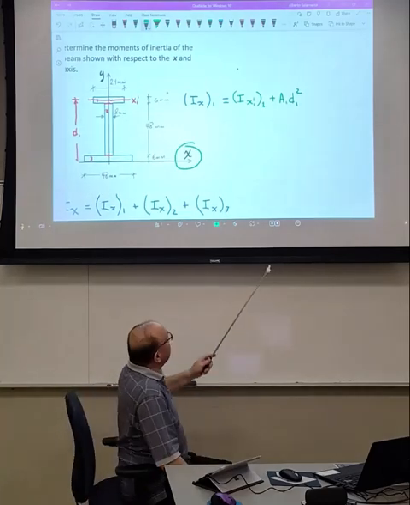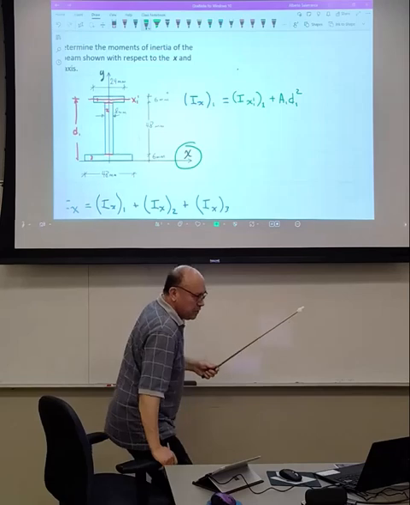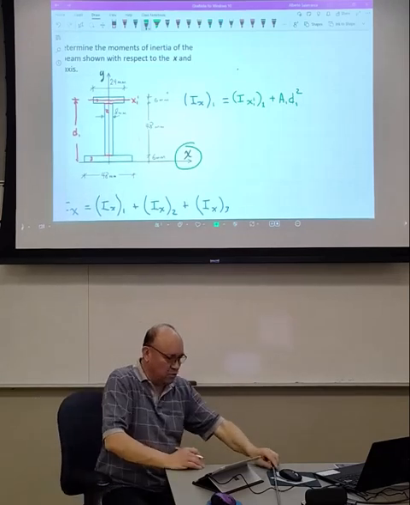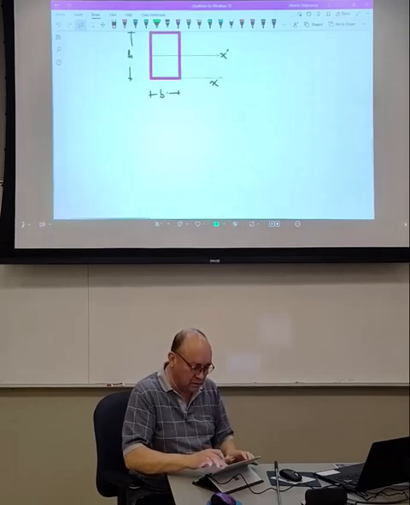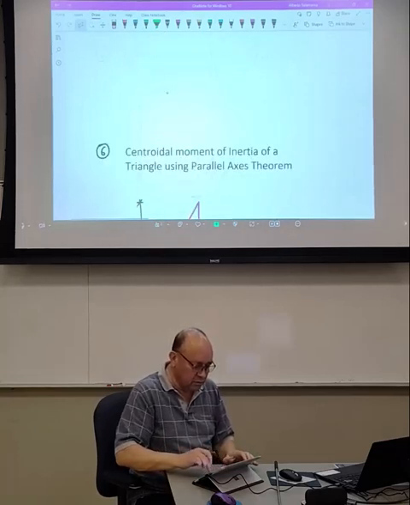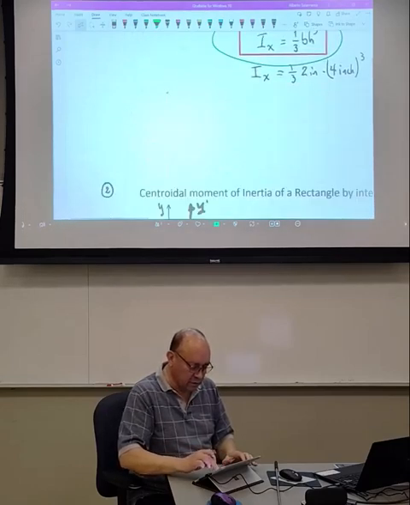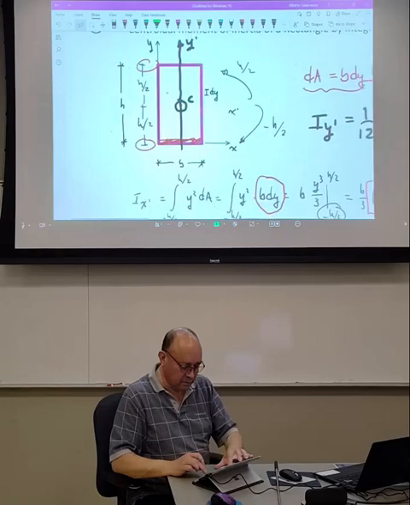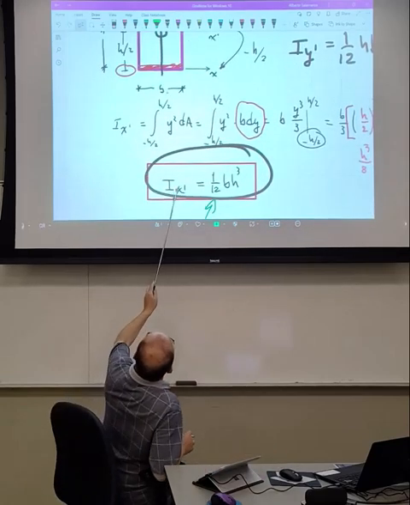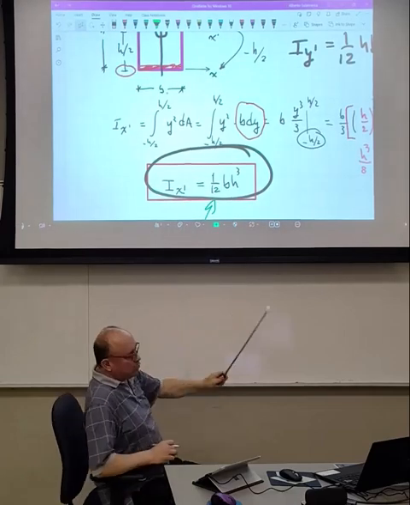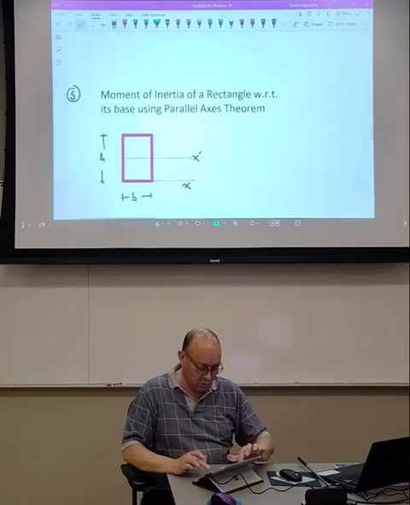And what is the moment of inertia of a rectangle with respect to the centroidal axis? Do you remember? Well, I have to scroll. Here it is: 1/12. Moment of inertia of the rectangle with respect to x prime is 1/12 b h cubed.